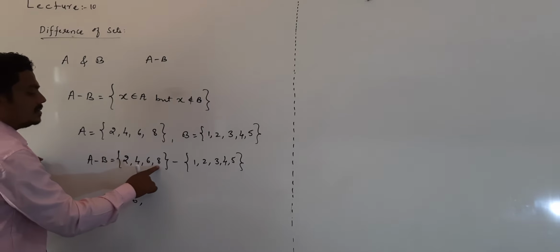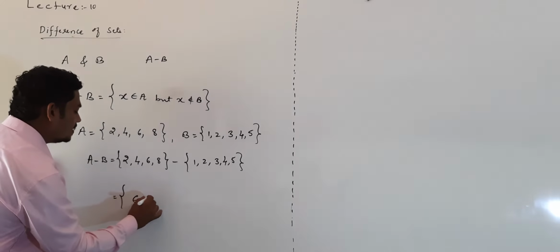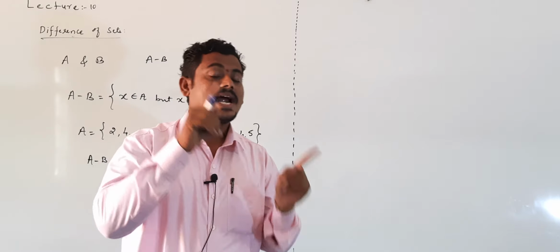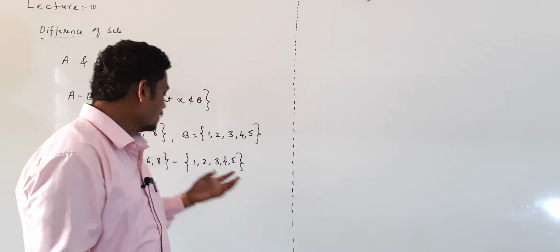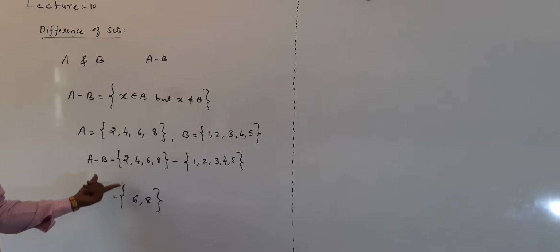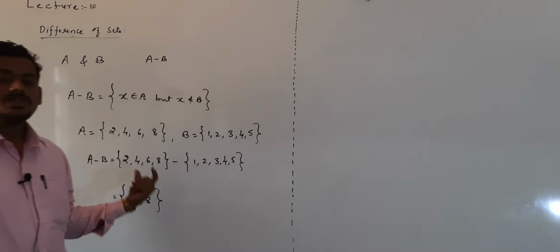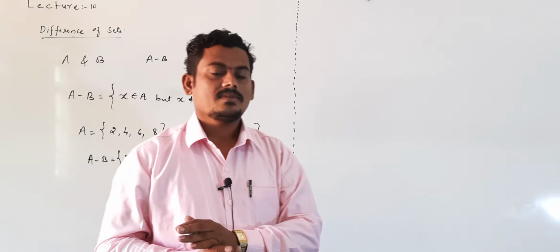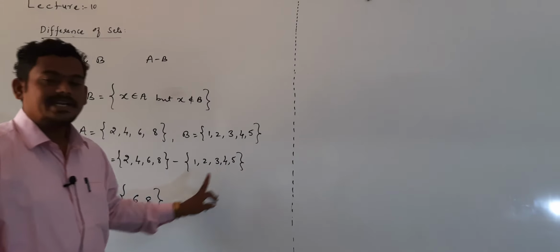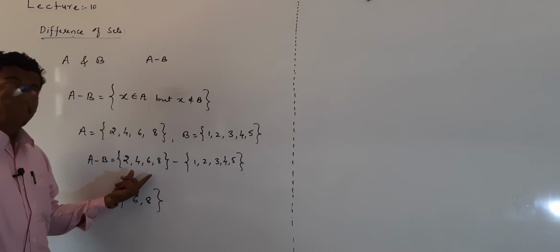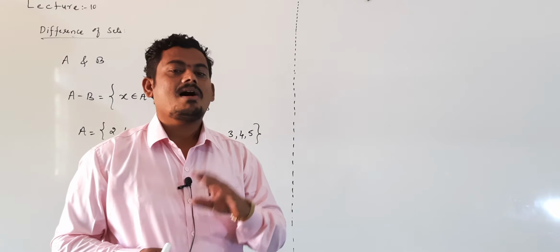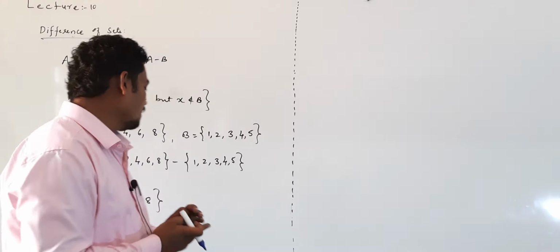Then 8 is not there in B. Write all those elements in A but not in B. It gives A minus B. Don't write 5. All the elements in A but not in B is nothing but A minus B, or difference of A and B.